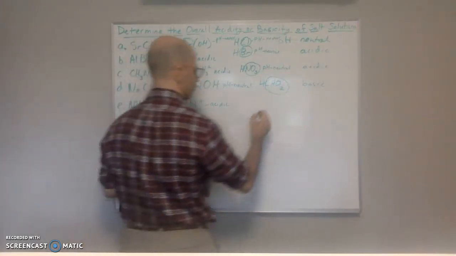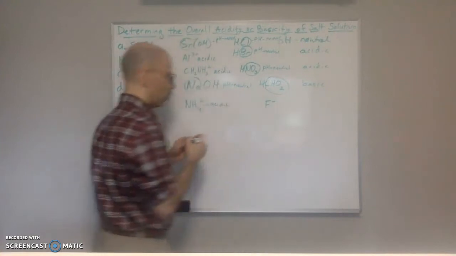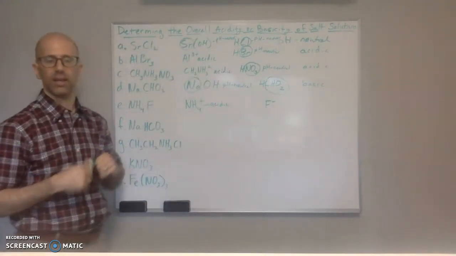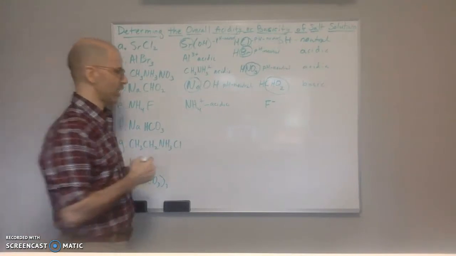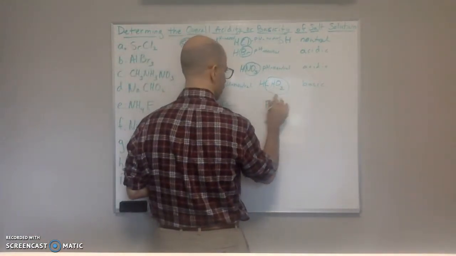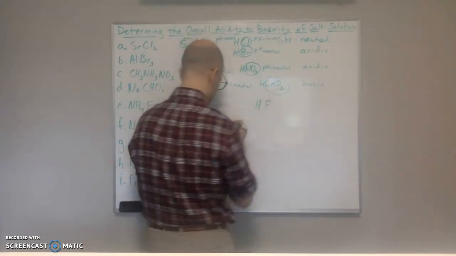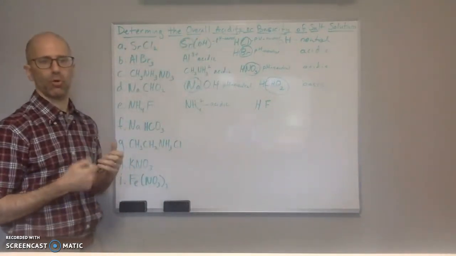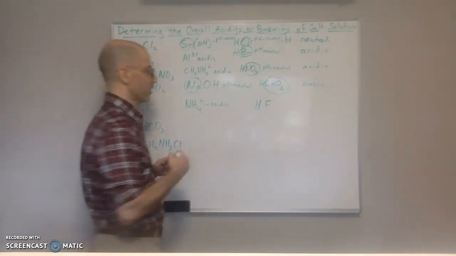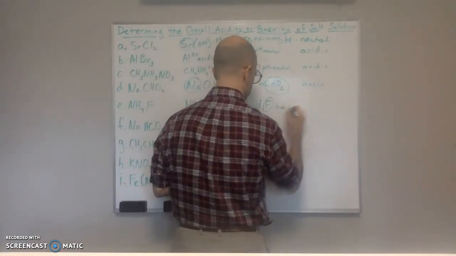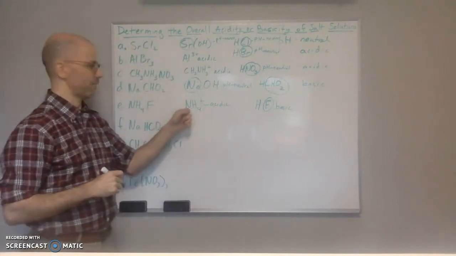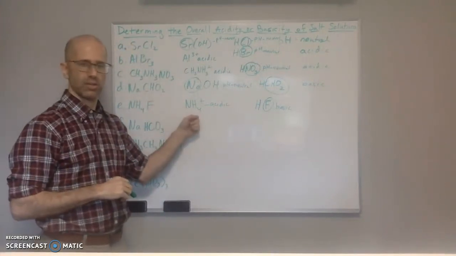And F minus, the fluoride ion, is the anion of a weak acid, HF, right? So HF is a weak acid. That means that the fluoride ion is going to be the conjugate base. So that means that we would expect this to be basic. So we have an ion that's going to be acidic in solution.